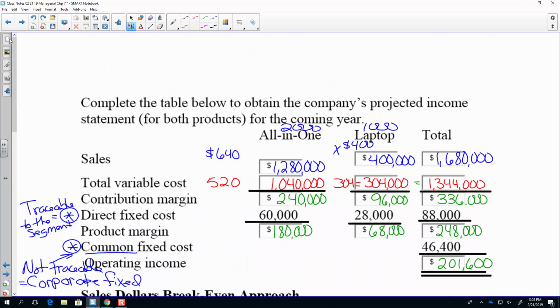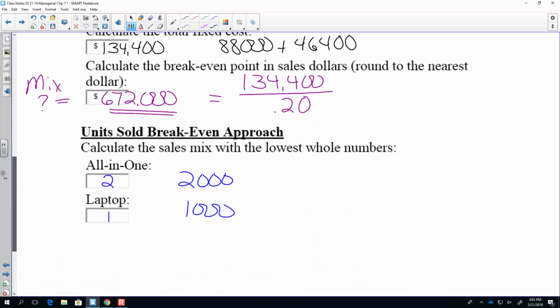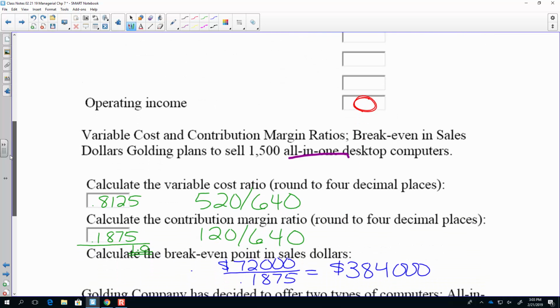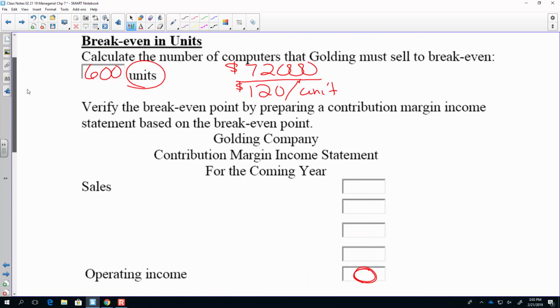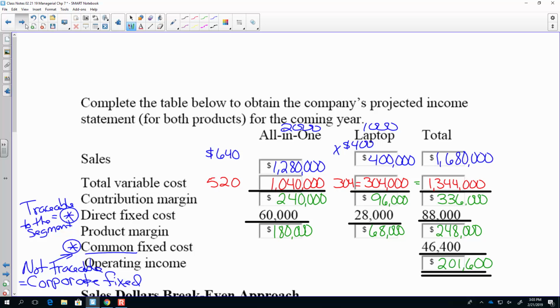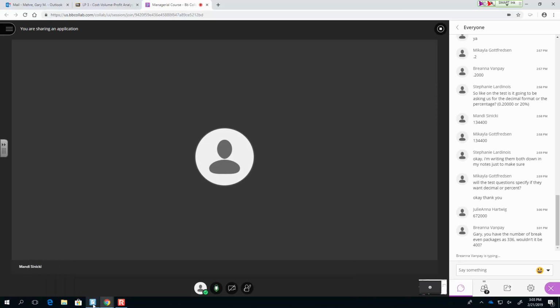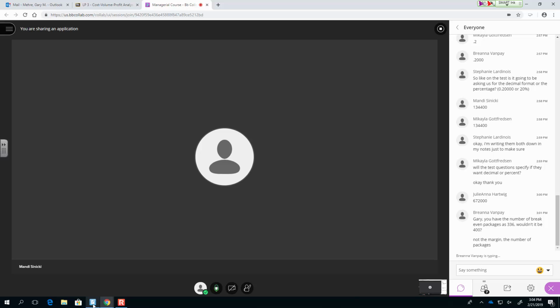Was that further back? She might have seen the price for one of them, because that's the price for like a laptop, I think. I think it's 336. Hoping. Guys, Brianna, isn't it 336? Not the margin, the number of packages.